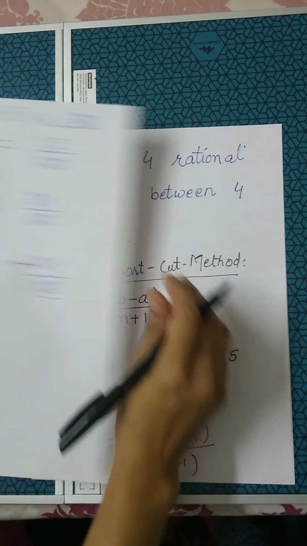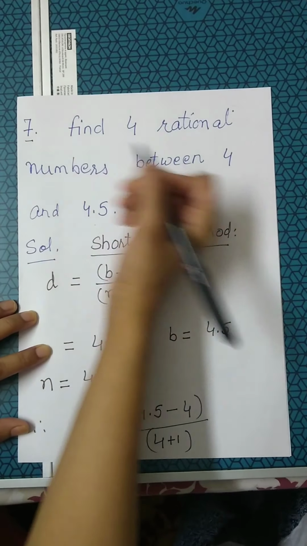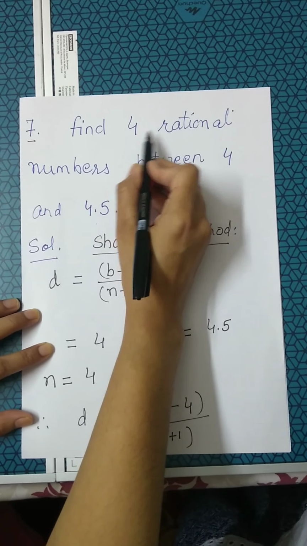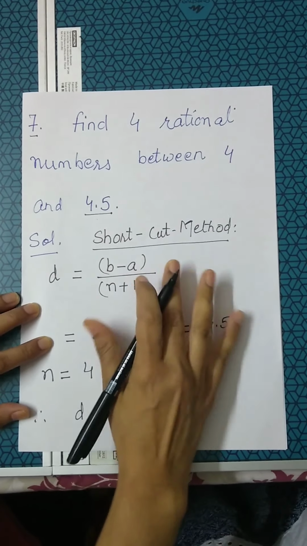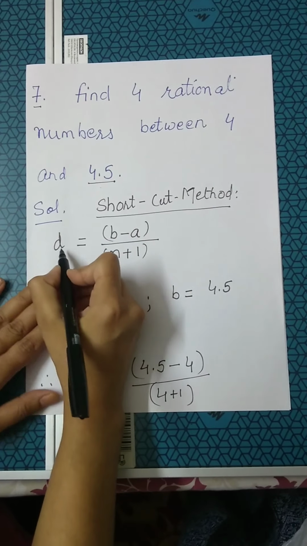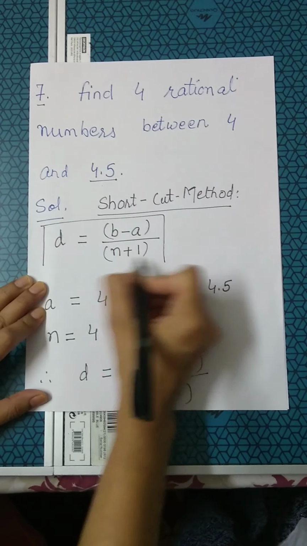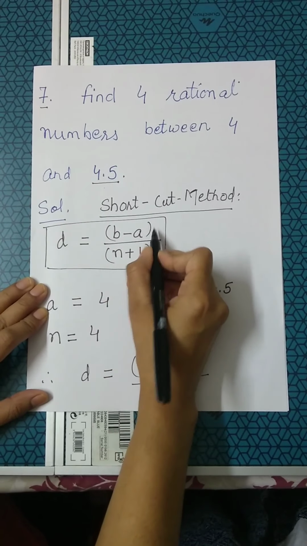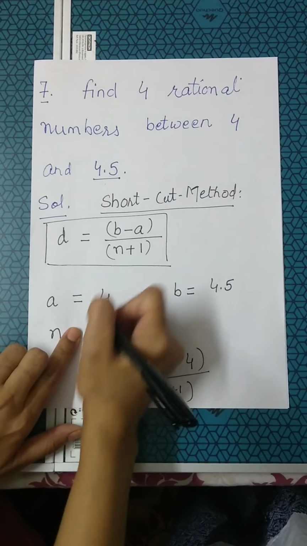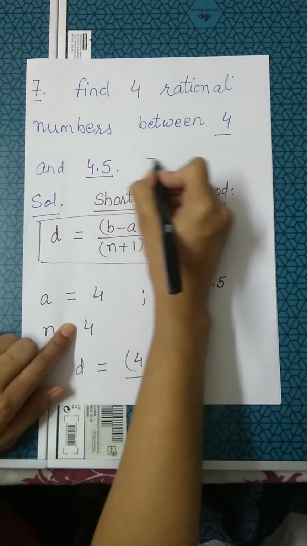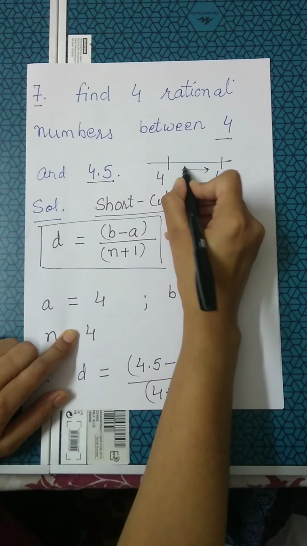Okay, one more different type is there, let's say this is question number 7. Find four rational numbers between 4 and 4.5. Kindly use this method. I will find a variable d here, which is equal to, the formula is b minus a upon n plus 1, where a and b are the numbers between which I need to find the numbers, like between 4 and 4.5.